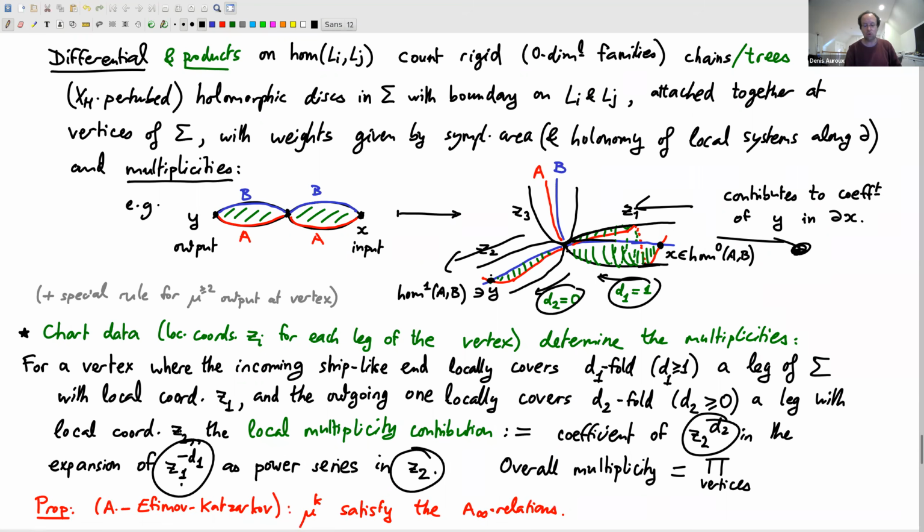What's actually the longest part of the proof is checking that these definitions make sense, define an A-infinity category. There are crazy combinatorial identities involving power series expansions and converting between different charts for meromorphic functions on pairs of pants, but it actually works out very nicely.